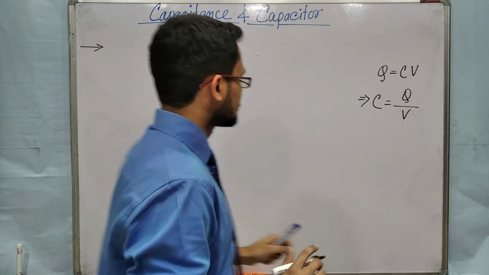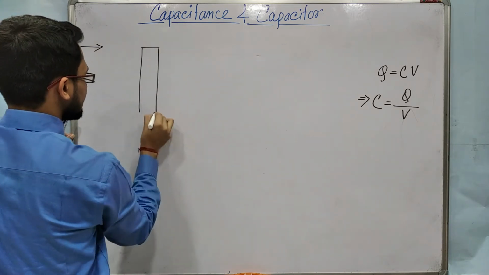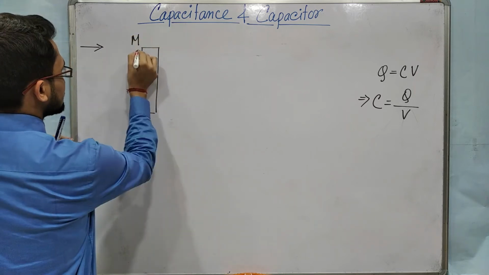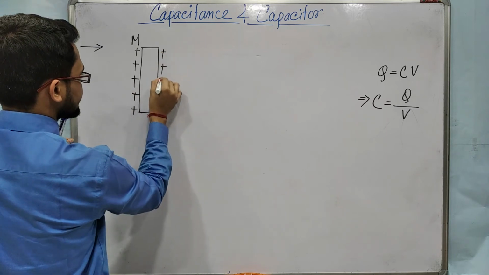If you take any plate, suppose one plate, this is suppose plate M, and suppose you have placed plus charges on it.